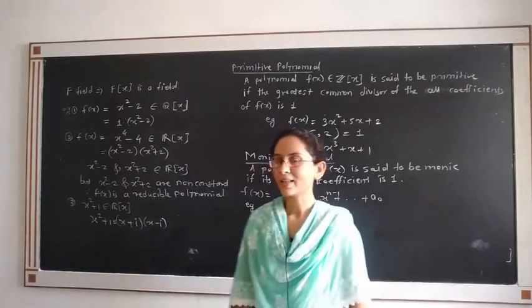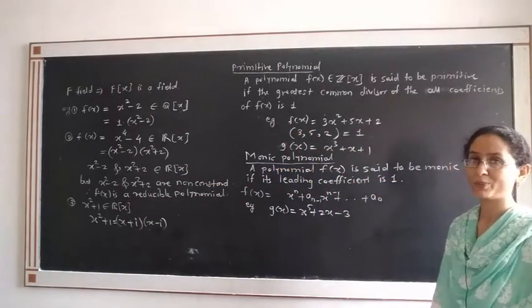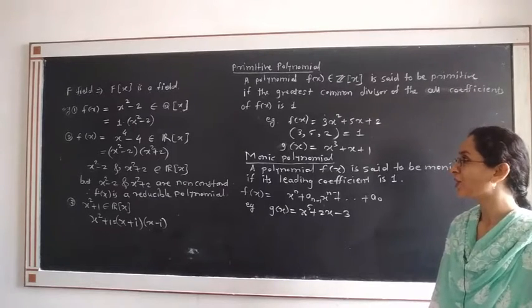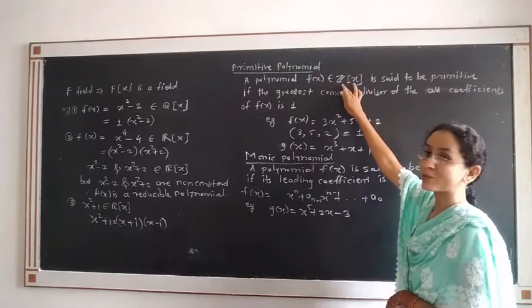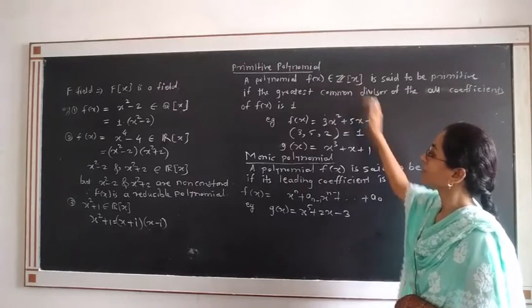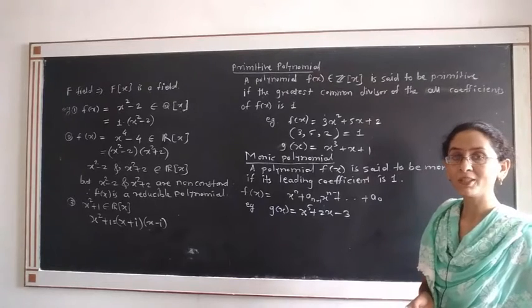One more result is the relation between primitive polynomial and monic polynomial. If you take a polynomial over the ring of polynomials over Z, and it is a monic polynomial, then it will be a primitive polynomial.